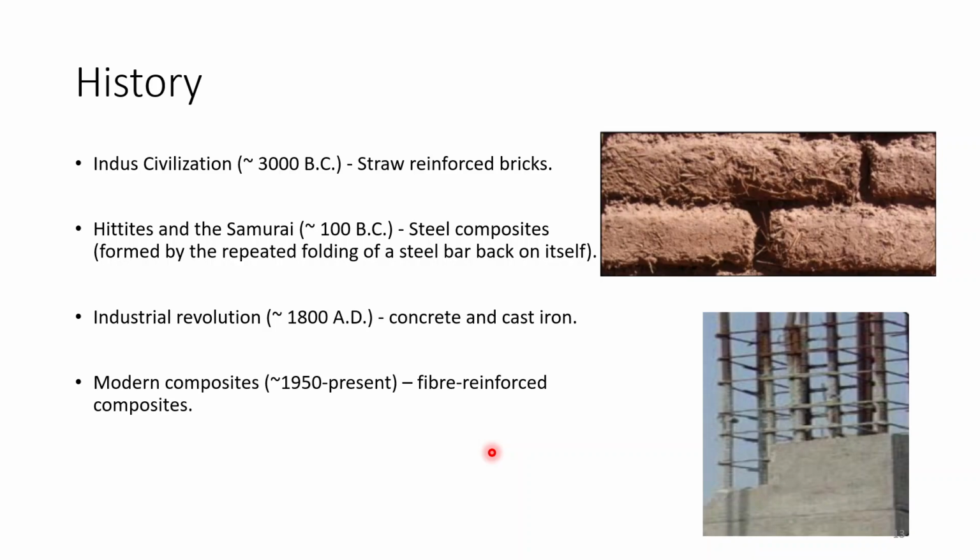Straw reinforced bricks were used for making homes, and around 100 BC steel composites were formed by the repeated folding of a steel bar back on itself, and around 1800 AD during the industrial revolution concrete and cast iron were being used. Then in modern composites, from around 1950 to present, we use fiber reinforced composites.